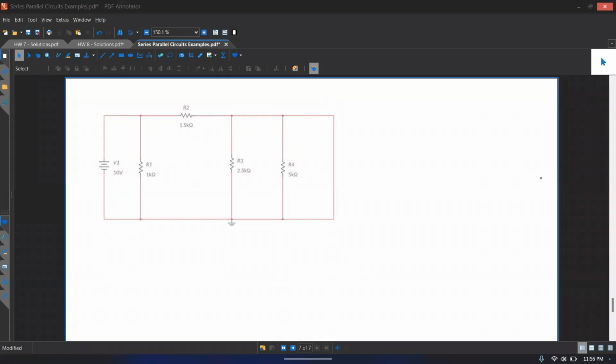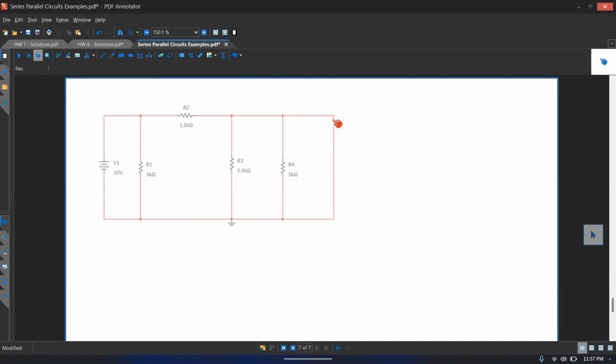All right, so this is going to be the last example, and I'm not going to solve it entirely. Well, I may. But let's take a look at this one. This one is kind of unique because it has this line right here that doesn't have a resistor on it.